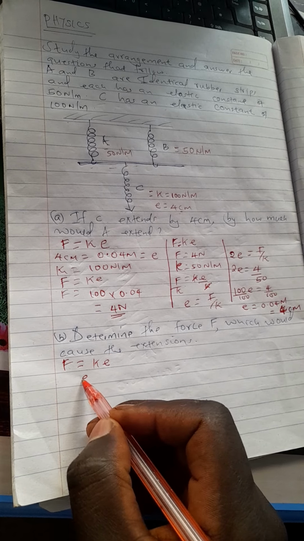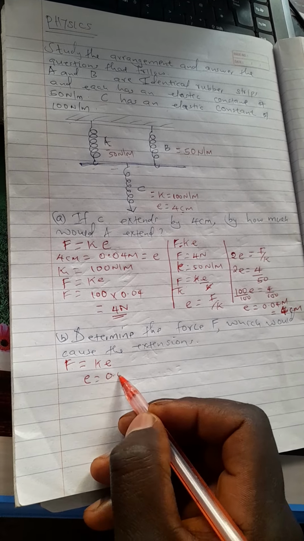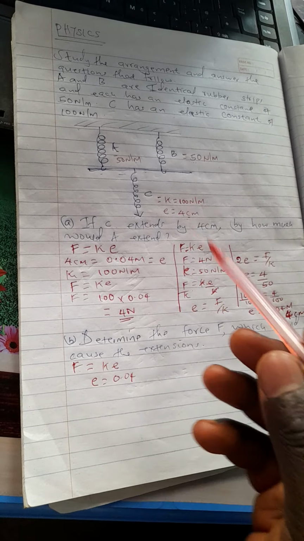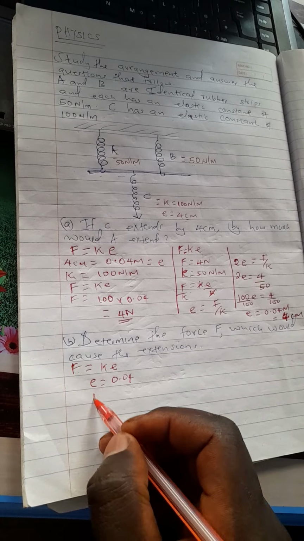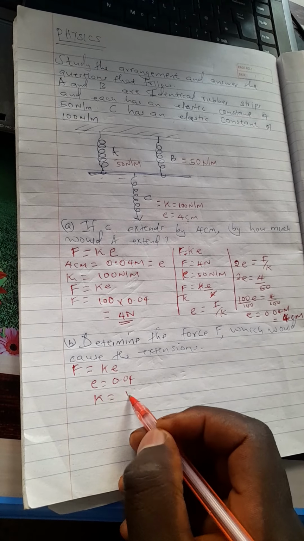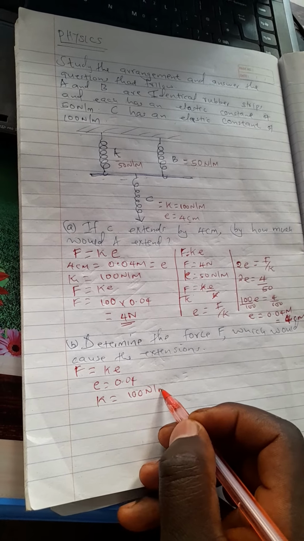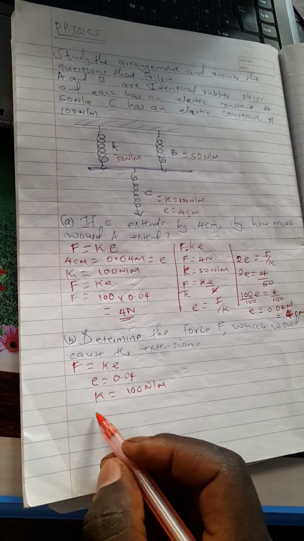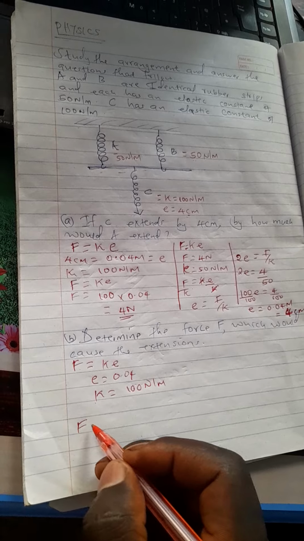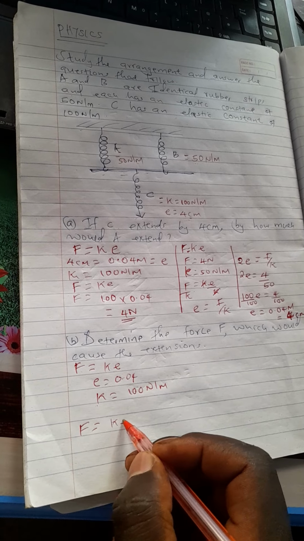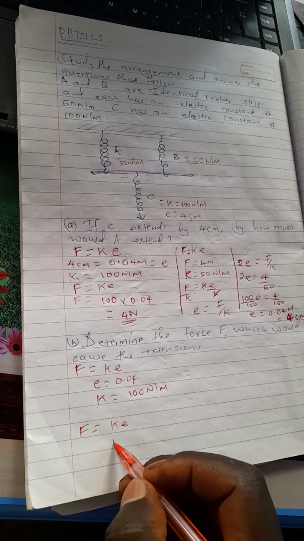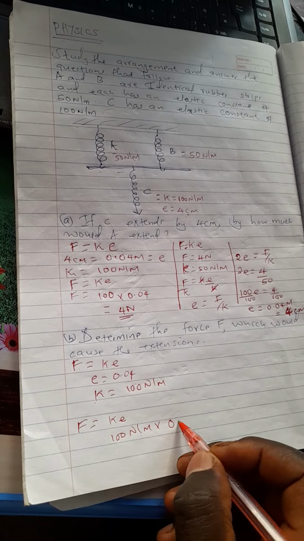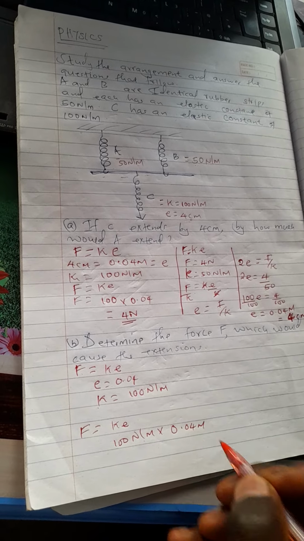So if we have the extension to be 0.04, and use the K down here, whereby K is 100 Newton per meter, the force causing the extension will be F equals KE, where K is 100 Newton per meter, multiplied by 0.04 meters.